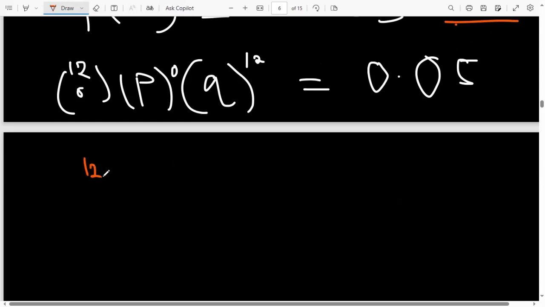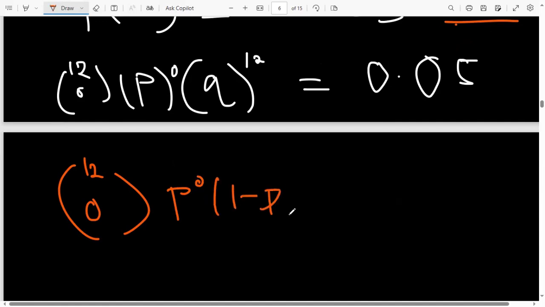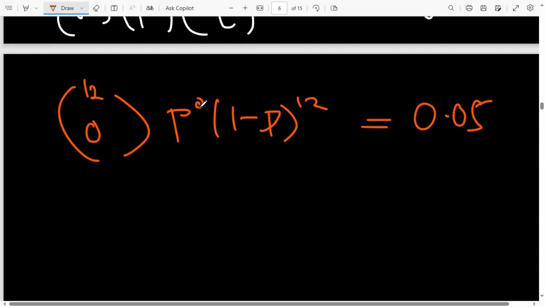So I'm going to have 12 combine 0, then P to the power 0, which is just 1, and then 1 minus P to the power 12, and this is equal to 0.05. Any number raised to the power 0 is 1, so we can ignore this. Any number combine 0 is also 1.